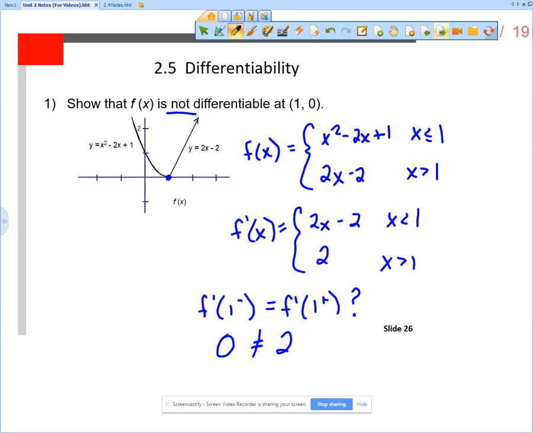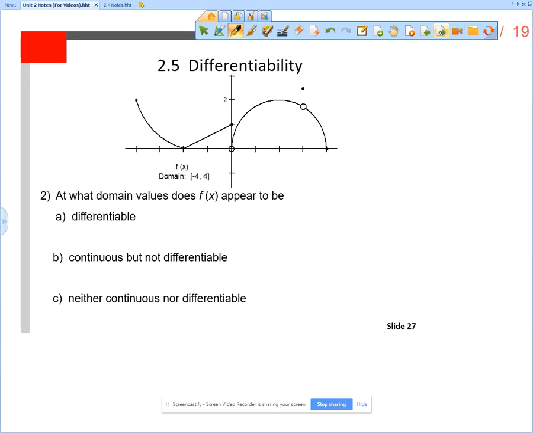So lastly, slide number 27. I have this graph. At what domain values does f appear to be differentiable? First of all, differentiability cannot occur at an endpoint. So right away, the endpoints, -4 and 4, are not going to be included.